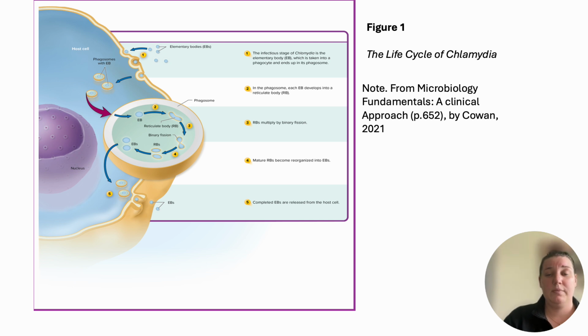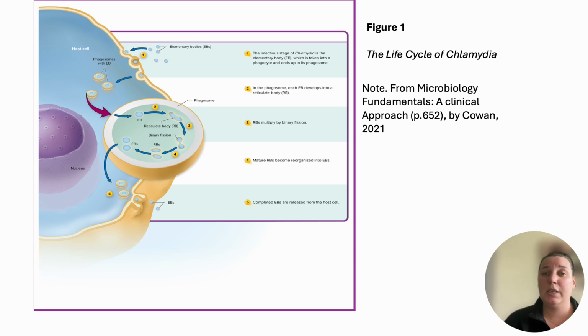In figure 1, you can see this being explained: the elementary body develops into the reticulate body. The reticulate body engages in replication and growth by binary fission. Mature reticulate bodies are reorganized into elementary bodies, which are then released from the host cell.